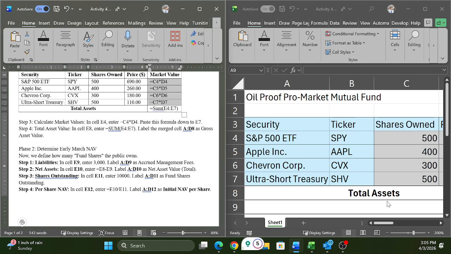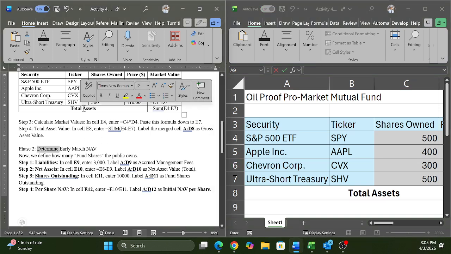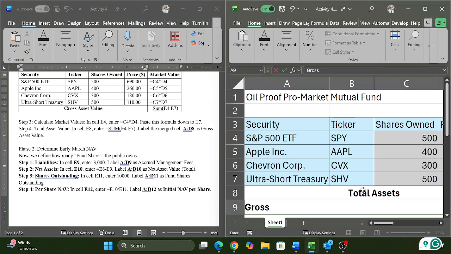Okay. Next step. So now we go to phase two. Oh, this is not total assets. This is gross asset value. Okay, we need to change that to gross asset value. Oh, wrong cell.